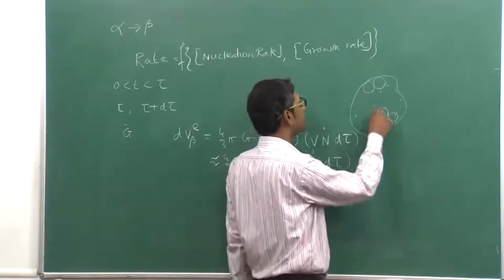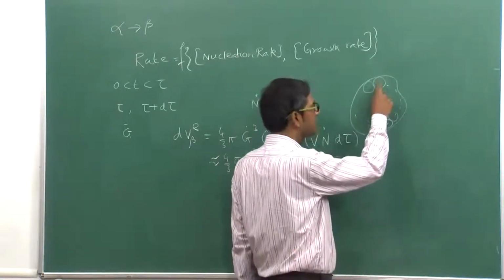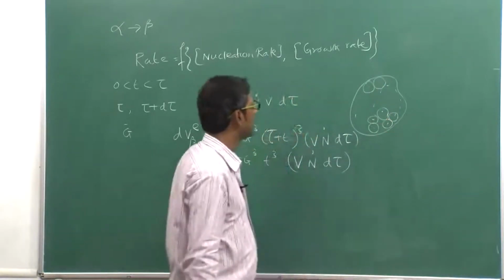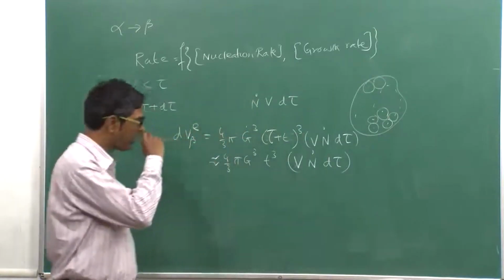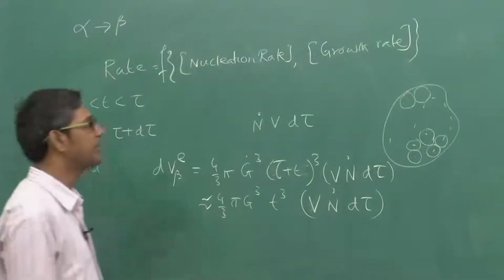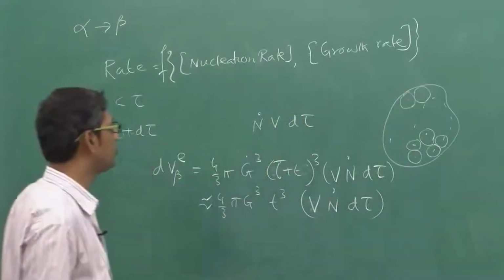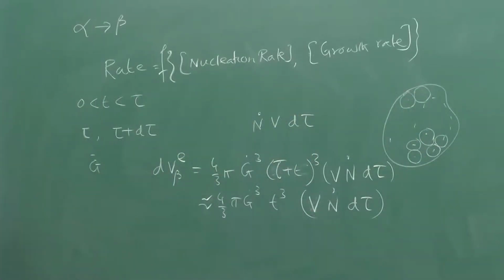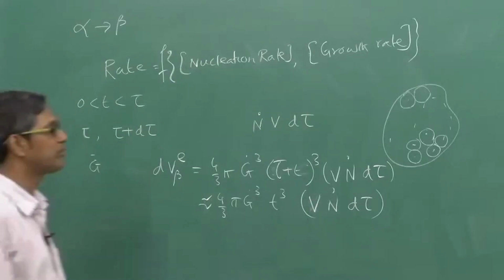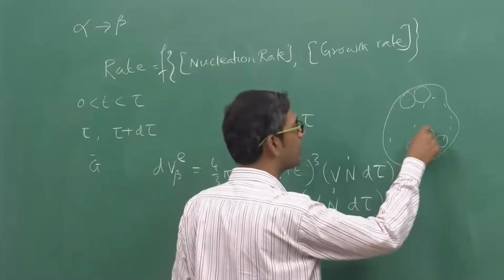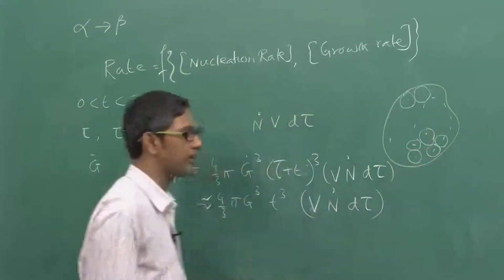Therefore the chance of growing for these nuclei is much higher than for these ones, and that's why one of the assumptions of this model is that the untransformed regions have more propensity for the nuclei to grow than the regions which are already transformed and where some part remains to be transformed.